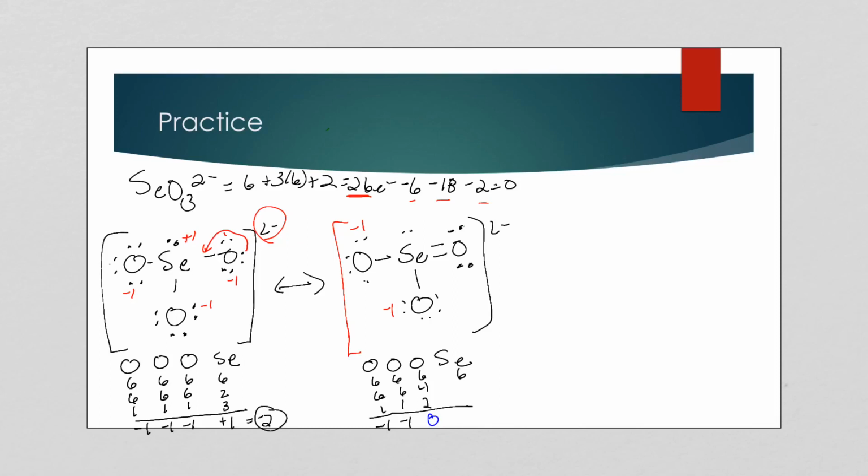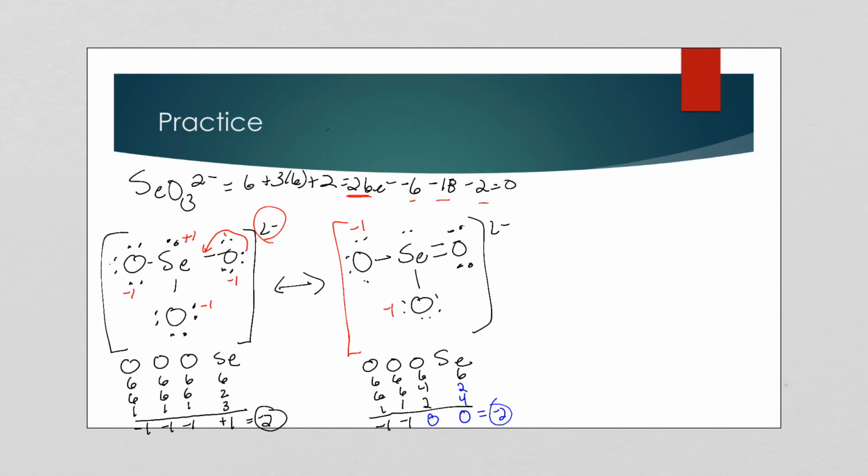Let's look at the selenium. It still has the 2 non-bonding, but now it's sharing 8, so half of that is going to be 4. So 6 minus 2 minus 4, we get a 0. Of course, they still add up to -2, as they should because of the charge.